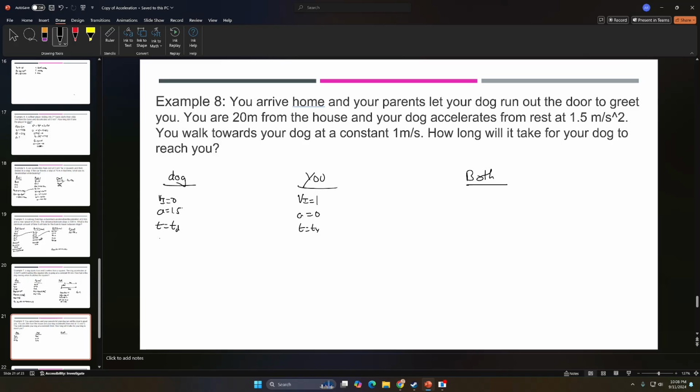So we can do the same thing. Change in x of the dog is equal to 0 t dog plus 1/2 times 1.5 t dog squared, or 0.75 t dog squared.